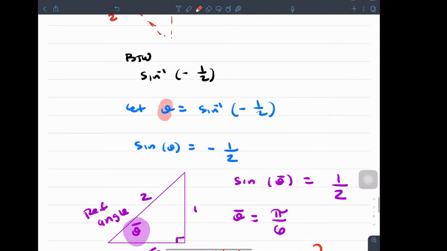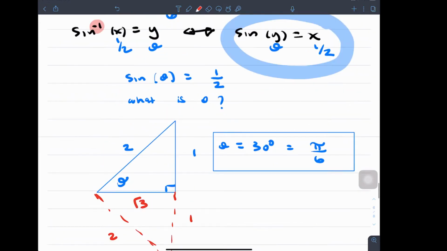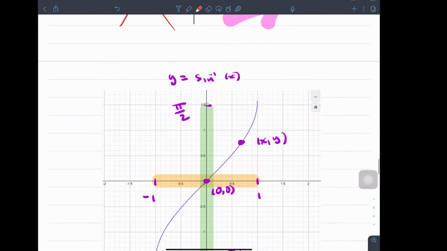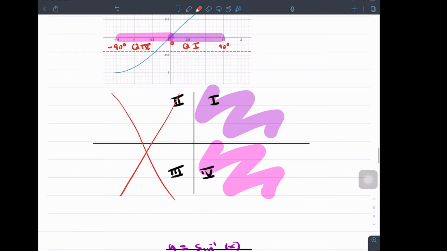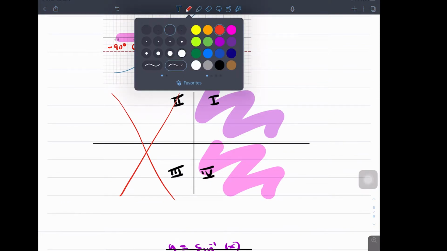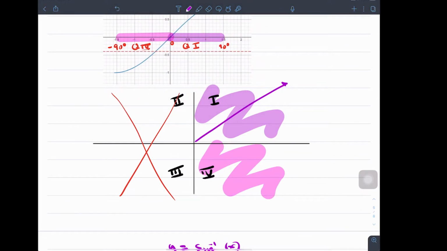So this angle here has to be negative pi over 6. And that's the difference. You say, why? Because of that picture we've been looking at. So remember, this here is your reference angle.